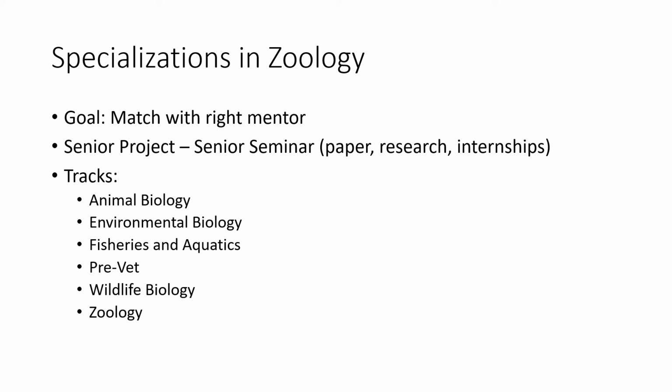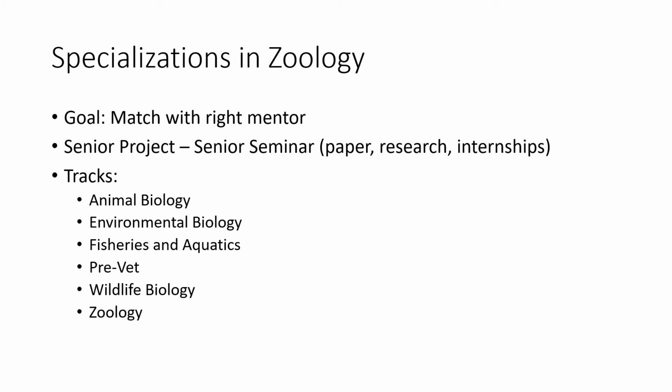So the tracks are animal biology, environmental biology, fisheries and aquatic sciences, pre-vet, wildlife biology, and a zoology option. Each one has certain elective courses and required courses associated with it. And you can mix or match between these.